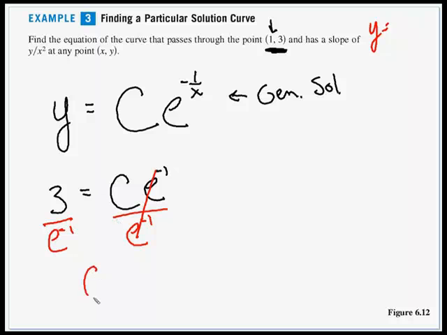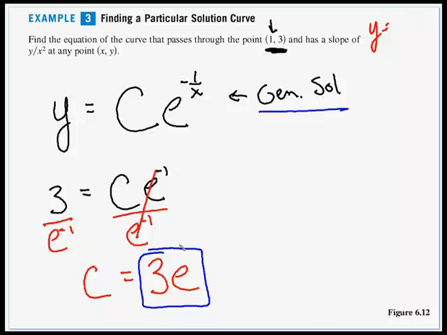So c is equal to, let's move this up and make that exponent from negative into positive, 3 times e. So that's our constant. What we just found is c, that we plug back into the general solution right here to find the particular solution.